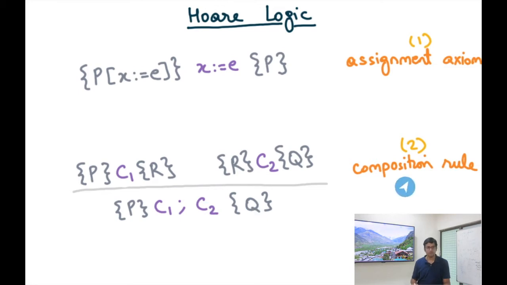And this is our composition rule. We have been applying this rule implicitly all along. This time I'm showing you a constructive rule which says the same thing. So once again, if P C1 R holds and R C2 Q holds, then P C1 semicolon C2 Q holds, where C1 semicolon C2 represents the sequencing of the two programs. This is also called the composition rule.